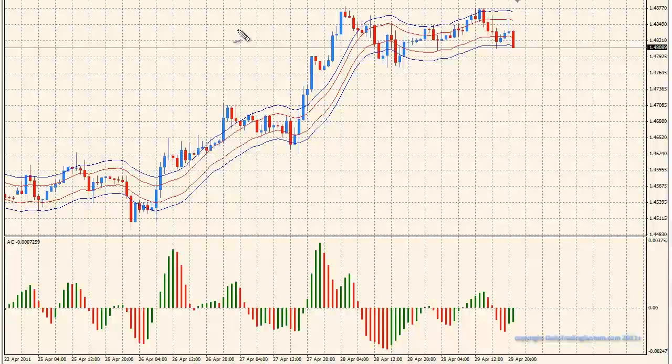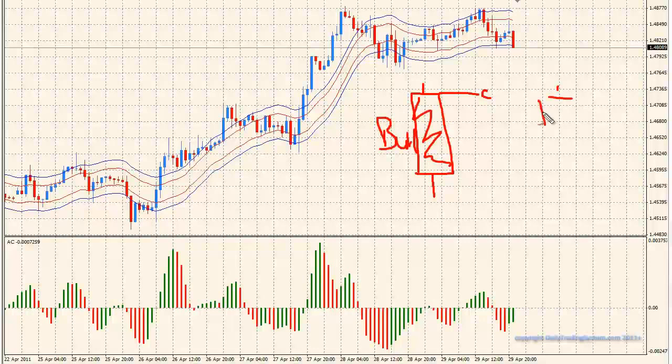If you're not familiar with Forex, this is how candles are formed. Here is your upper wick and your lower wick, and inside there is your real body. If the trade is going up, this area will be the close, for the bull candles.